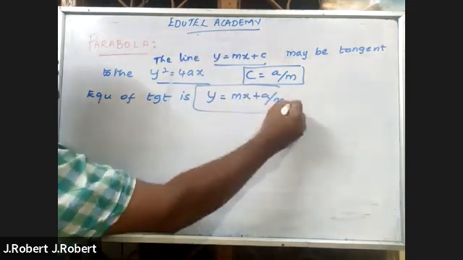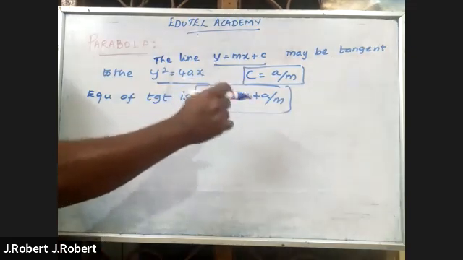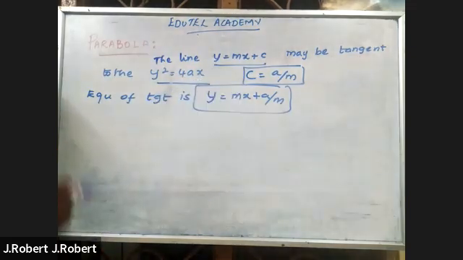This is the equation of tangent for any parabola in the form y squared equals 4ax. We have to find out what m and a are, then we can easily find the equation of the tangent.